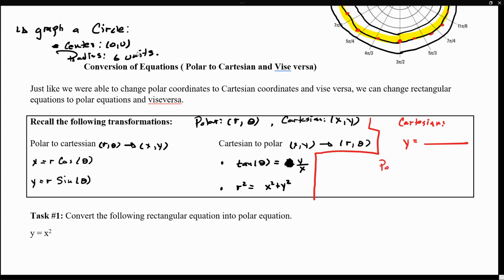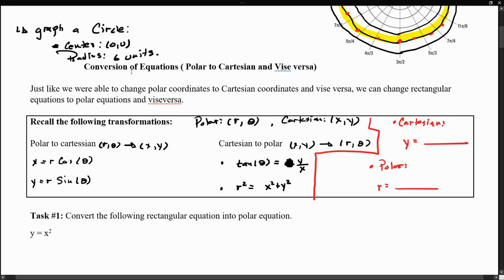Now, for polar equations, the standard form will be written in terms of r. On the Cartesian, the standard form is mostly always written in terms of y equals some expression. But now we want to write equations in polar form. Our standard form will be in terms of r, so we're going to have r equals some expression.